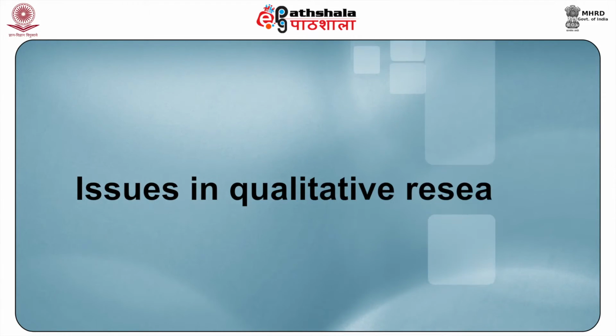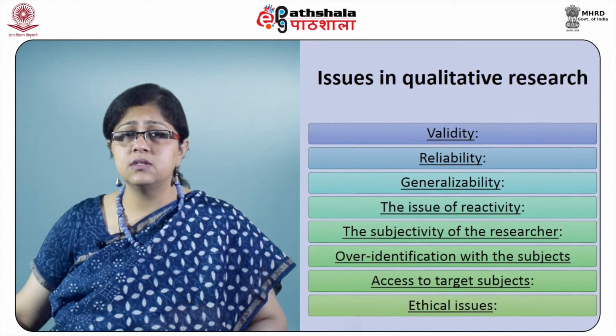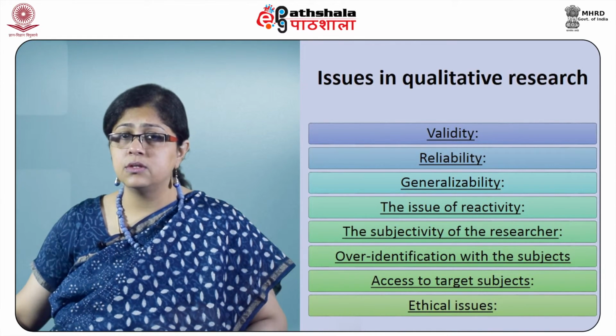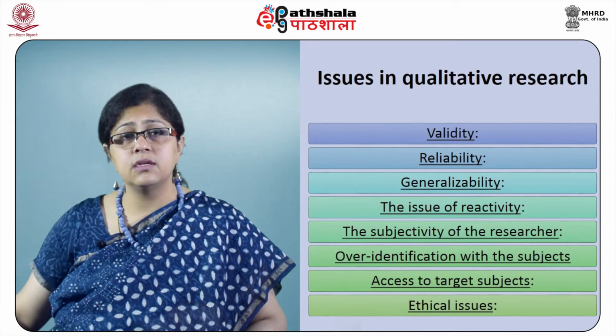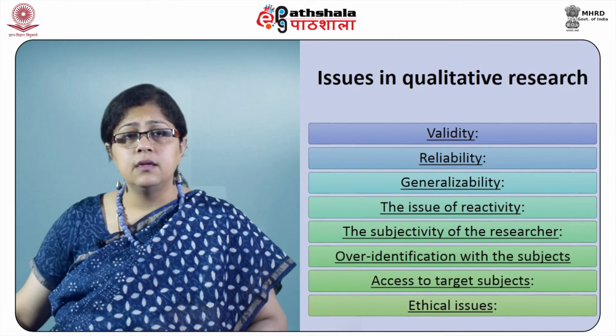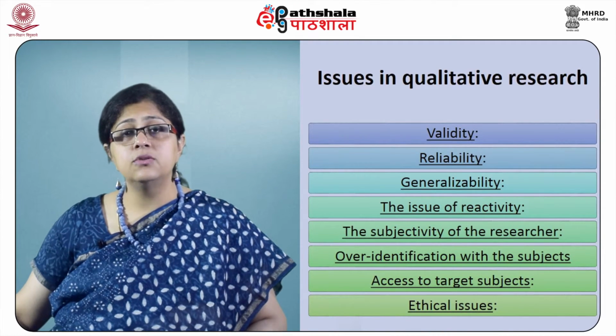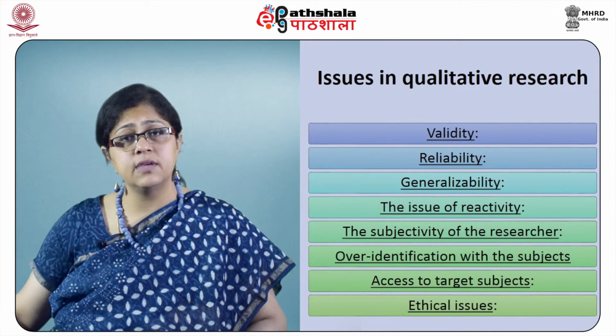Issues in qualitative research. Validity. The validity of qualitative research has always been a question, whether the results accurately reflect the phenomena under study or not. Reliability. Qualitative research is criticized both for lacking structure and system and for an inability of researchers using this approach to generalize beyond a small number of cases.